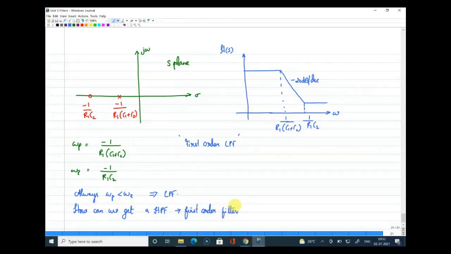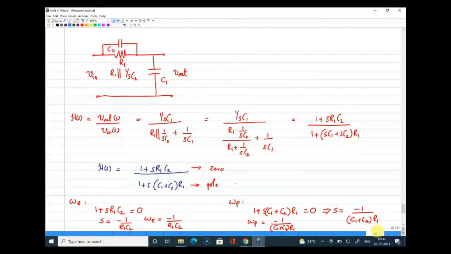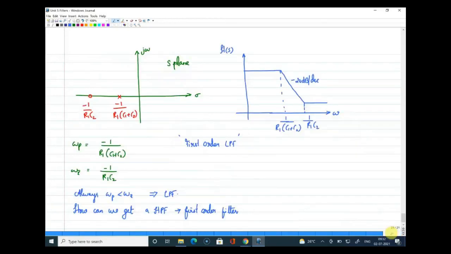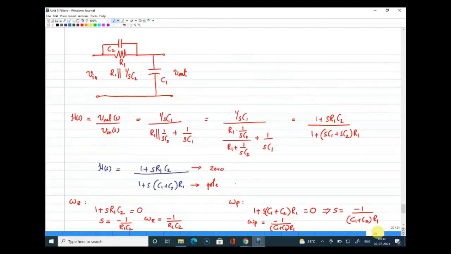Interchange zero and pole points. Okay, what do you mean by that? Interchange? We should interchange the capacitor and resistors which are in parallel, I guess. All right, yeah, that also can be a possibility. We need to work it out. But definitely with this circuit, it is not possible, right?